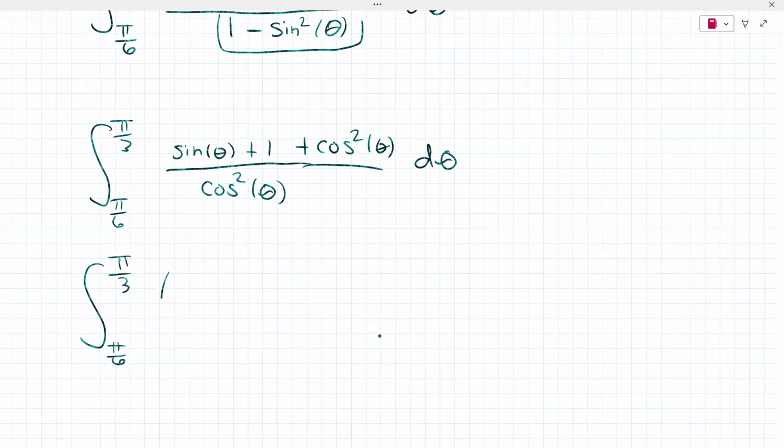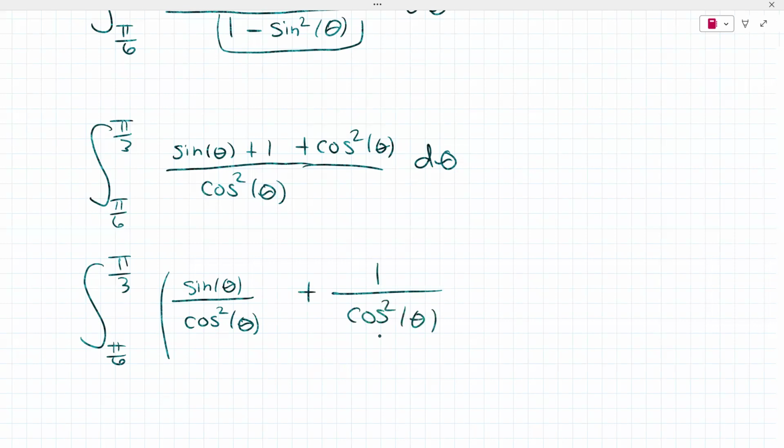So this will be sine theta over cosine squared theta. So it's going to be plus 1 over cosine squared theta plus cosine squared theta over cosine squared theta. It's just going to be d theta.